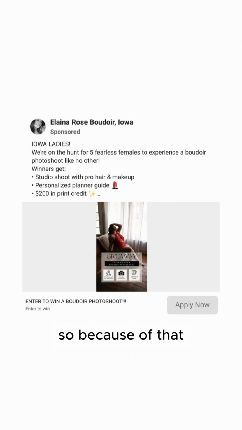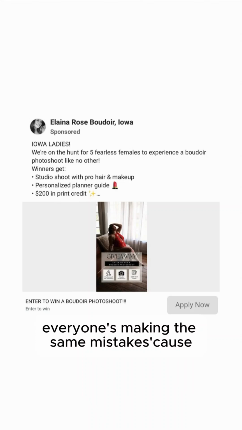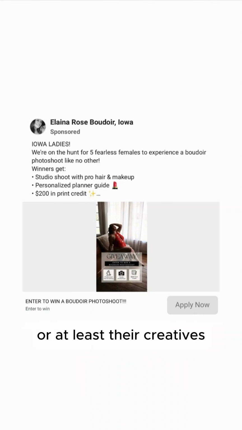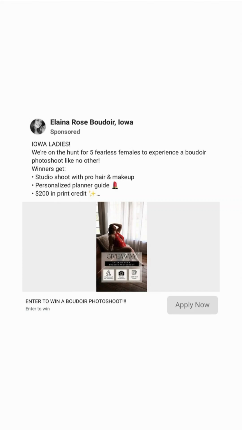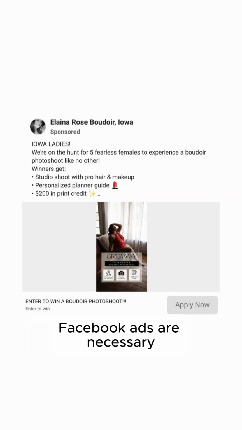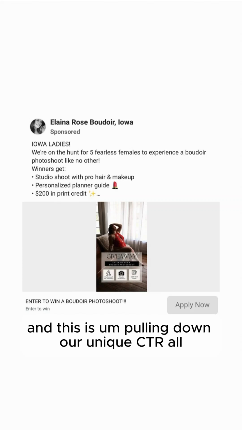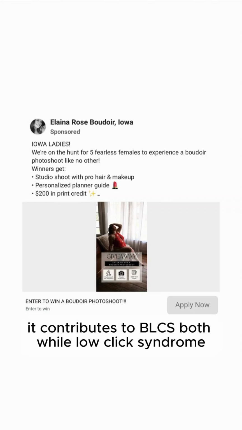It's happening to everyone because everyone's making the same mistake: their ads, or at least their creatives and photos, look like ads. So the consequence is way more women scrolling past our Boudoir Facebook ads than necessary. This pulls down our unique CTR, and that contributes to BLCS, Boudoir low click syndrome.